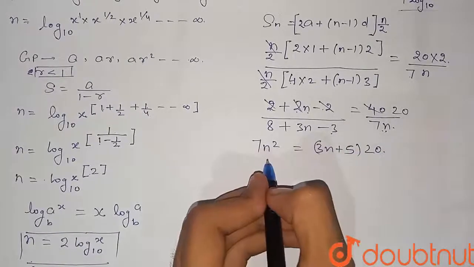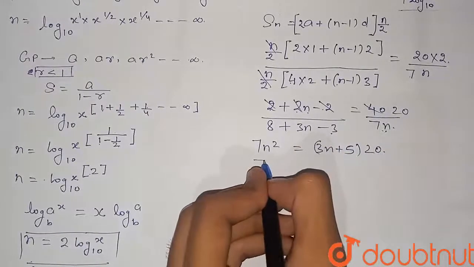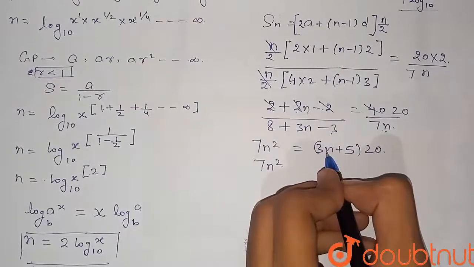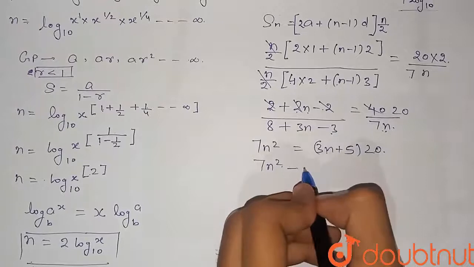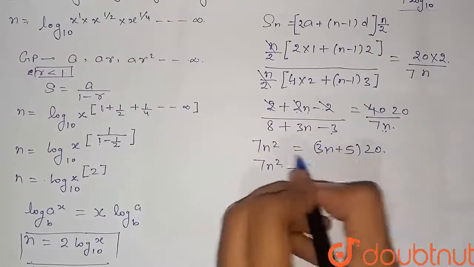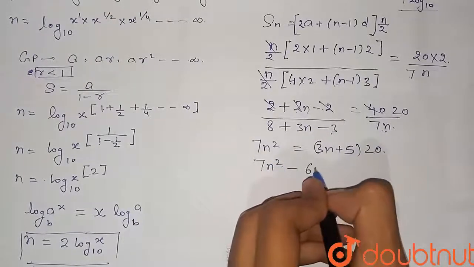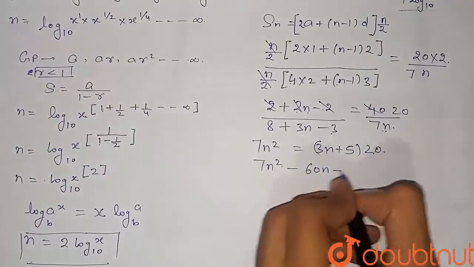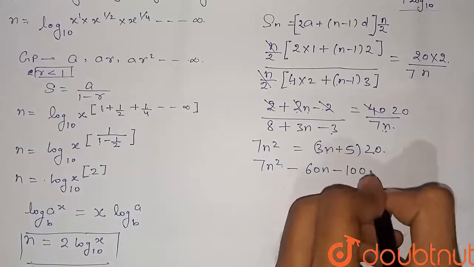So from here, if we further simplify, we get the quadratic equation, that is 7n square. Here this 20 into 3, that is 60n, so minus 60n can be written here after taking these terms on the left hand side. So it will be minus 60n, and here this is 20 into 5, that is 100, so we can write minus 100 here, and that is equal to 0.